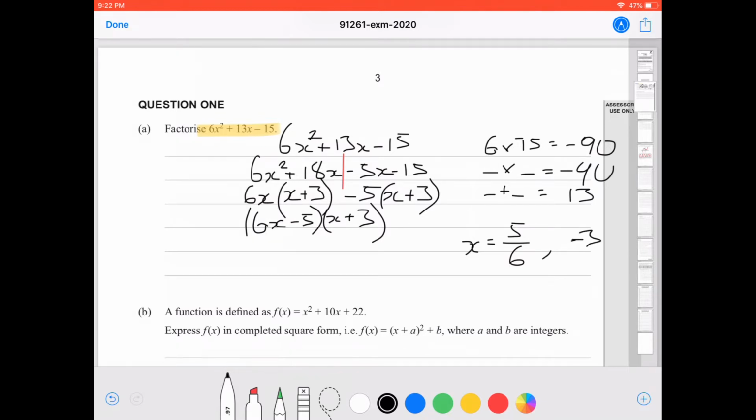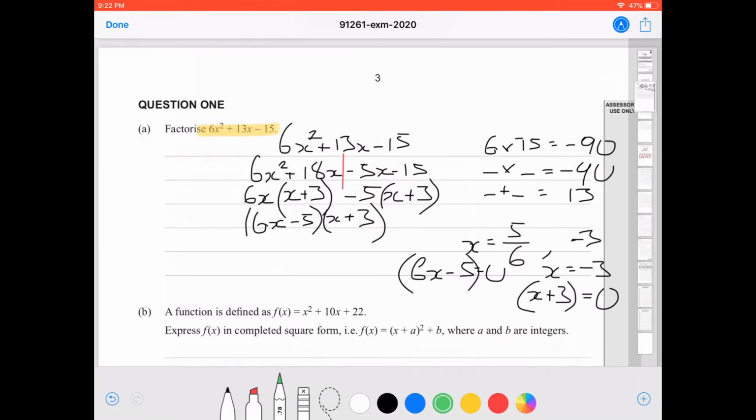So looking at the first one, x equals 5 over 6, we could have rearranged and said 6x minus 5 equals 0, and we see that's one of our brackets here. Similarly, if we had x equals minus 3, then it would have become x plus 3, and this is our second bracket. So correctly factorizing 6x minus 5 times x plus 3 gets you the achieved here.